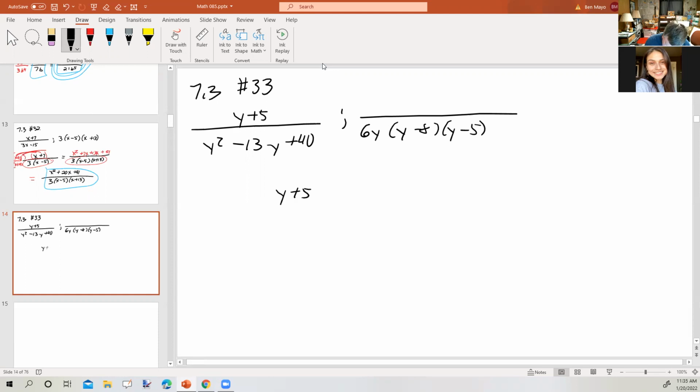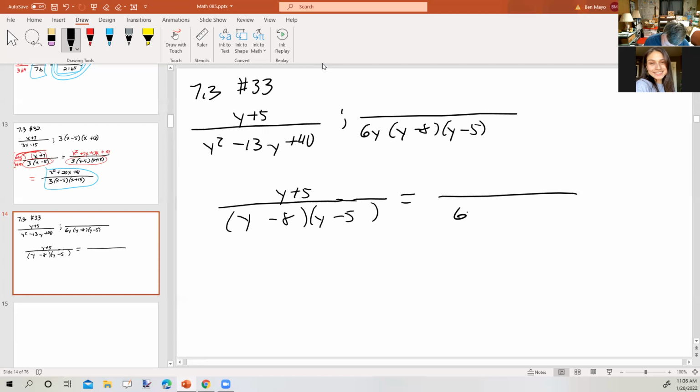So y plus 5 over y minus 8 times y minus 5 equals something over 6y times y minus 8 times y minus 5. So what am I missing over here? 6y.